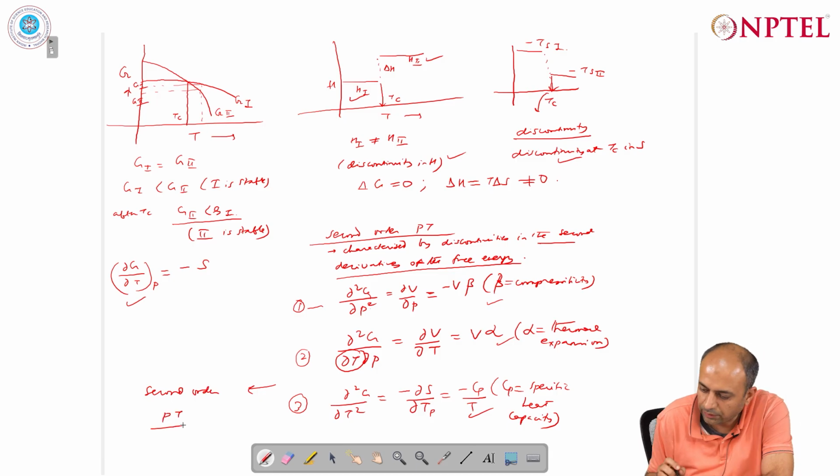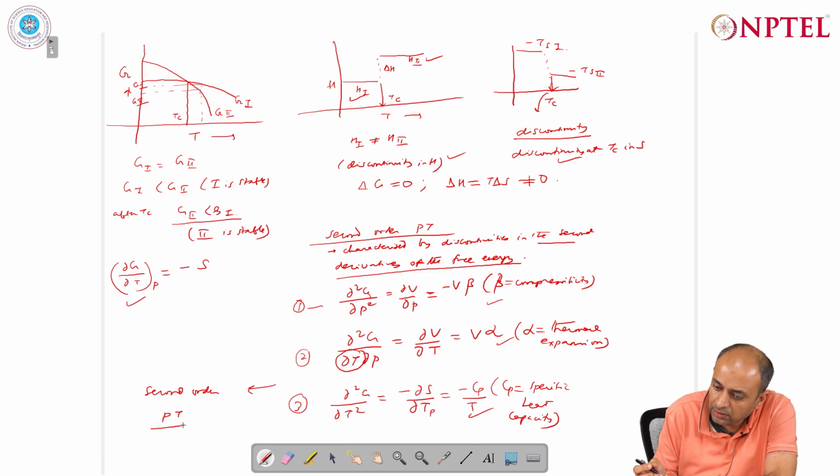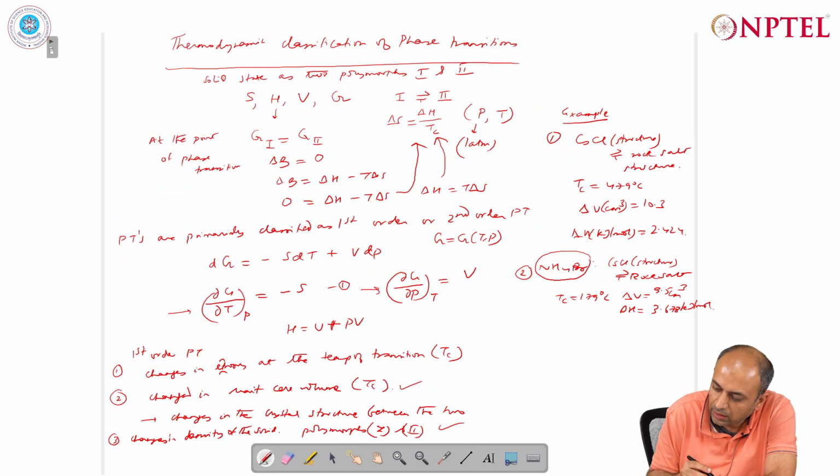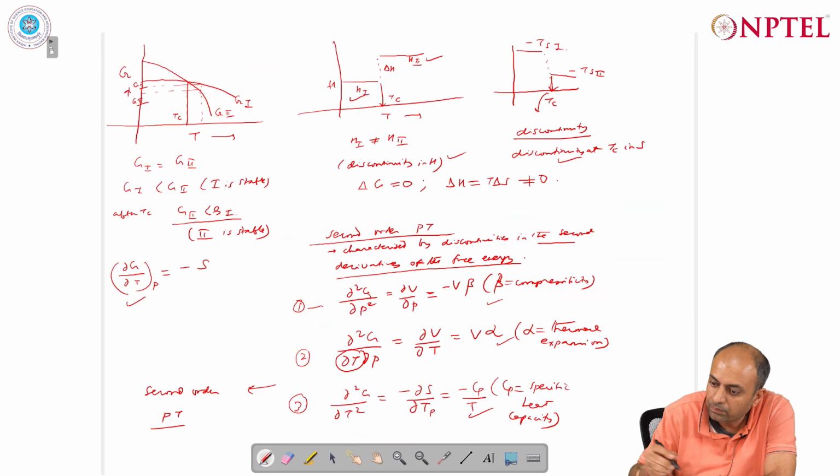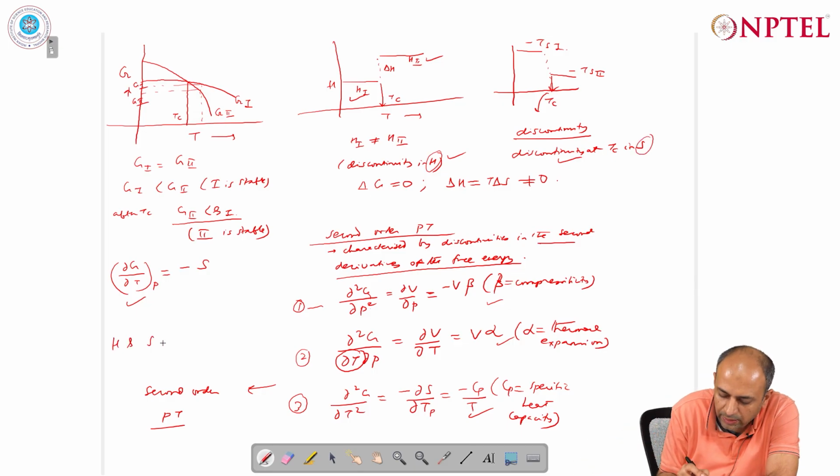phase transition. That means that the quantities which reflect the first derivative, for example the entropy change and the enthalpy change, the quantities H and S, are continuous at Tc for a second order phase transition.